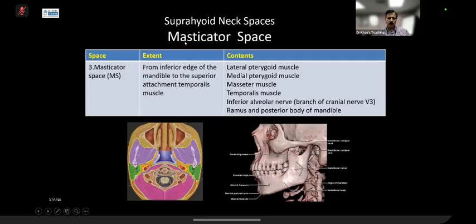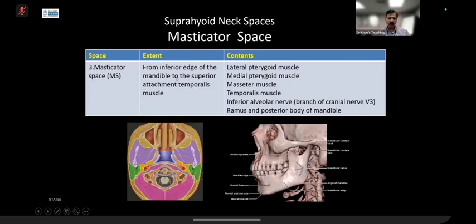Whenever we do a space, and I again repeat that we are going to do them more elaborately next time, there are 3 things. First, the name, then the extension. What is the extension? And then the contents. So these 3 things should be known.